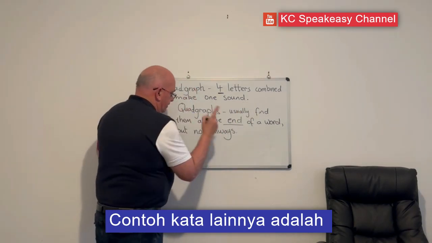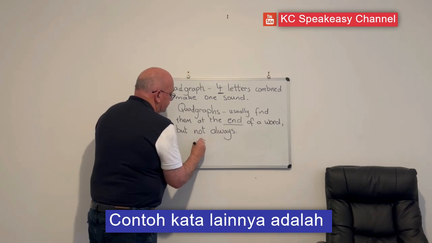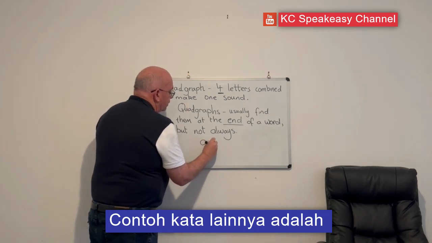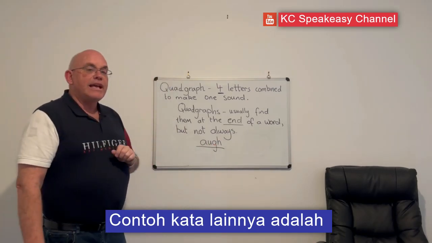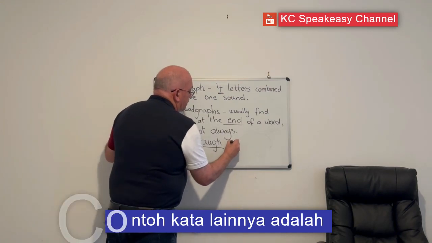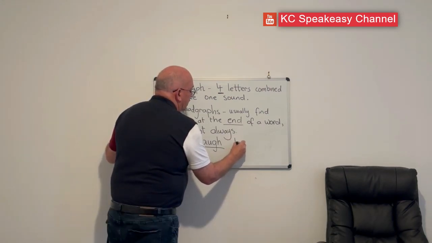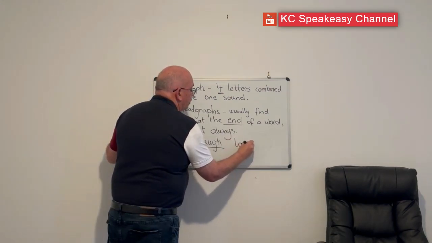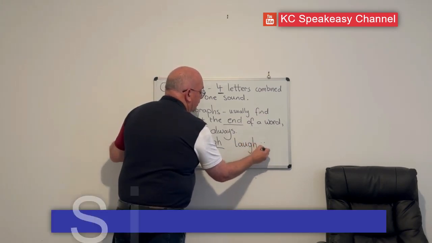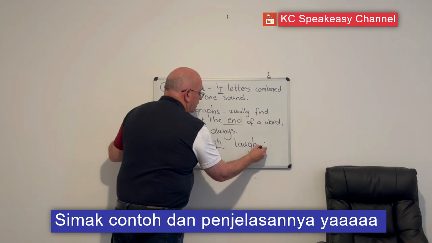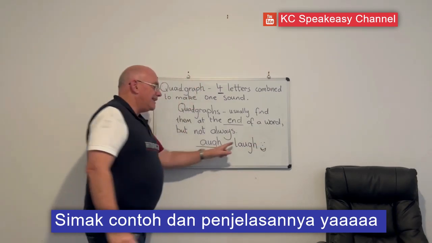This one: A, U, G, H. There are four letters, A, U, G, H. But if we put them in with L, A, U, G, H, we have made the word laugh.